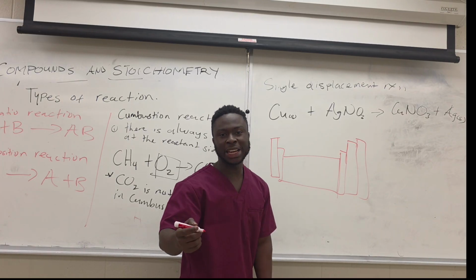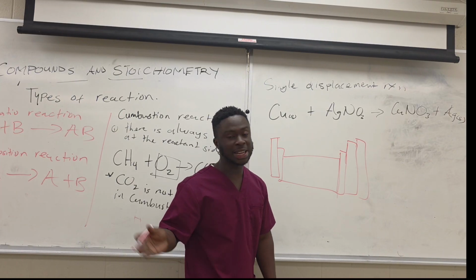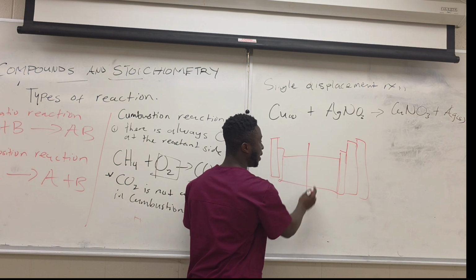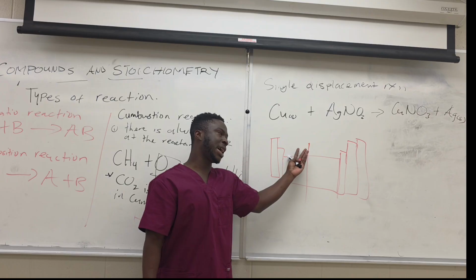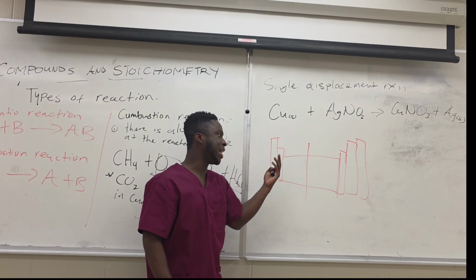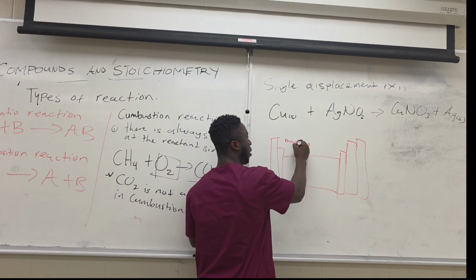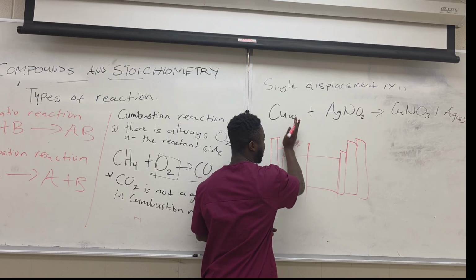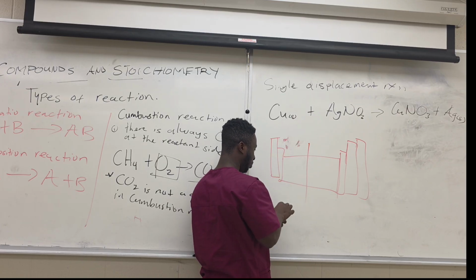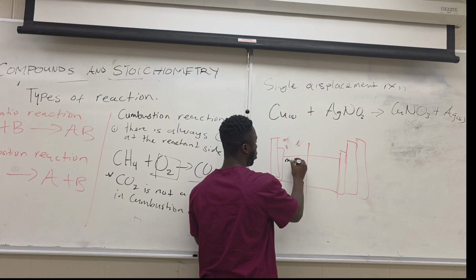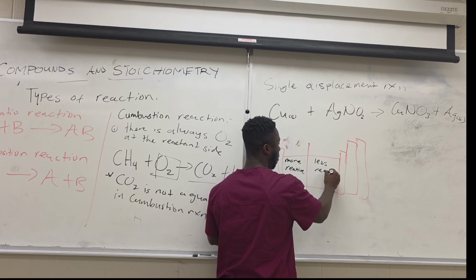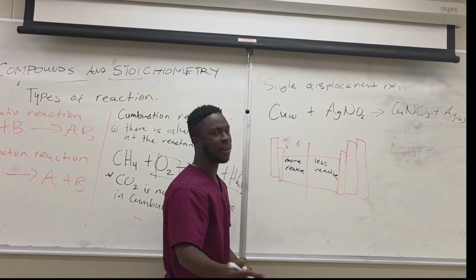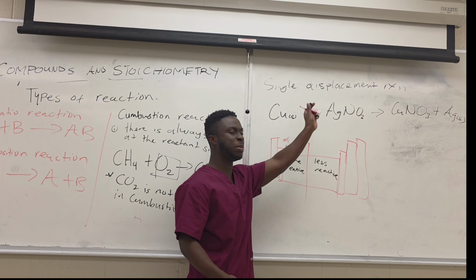When you draw a line where iron and manganese are on the periodic table, somewhere over here in the middle, all the elements that fall on the left side over here are more reactive than those ones that are here. These are less reactive.